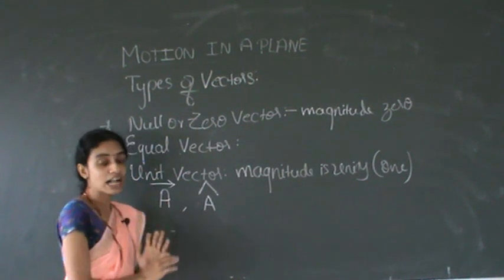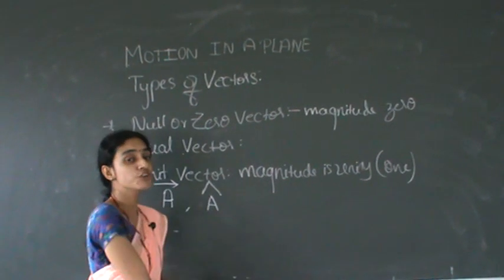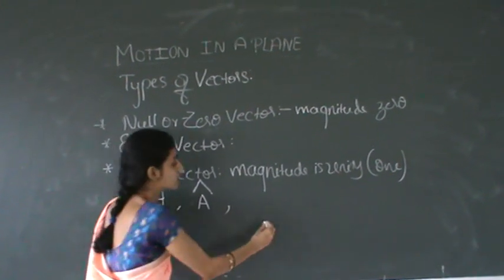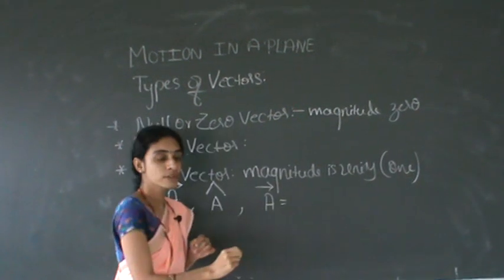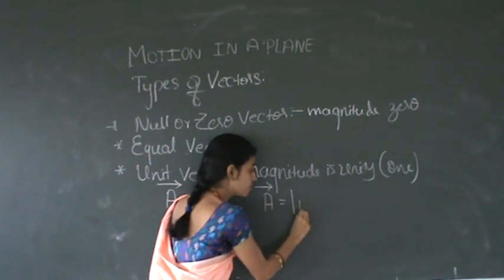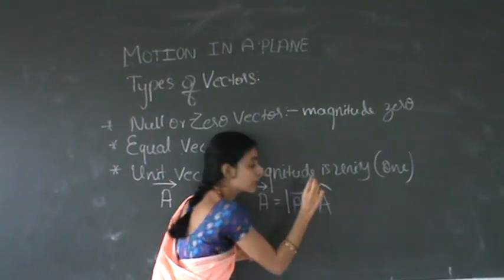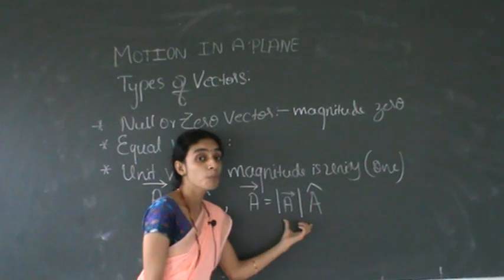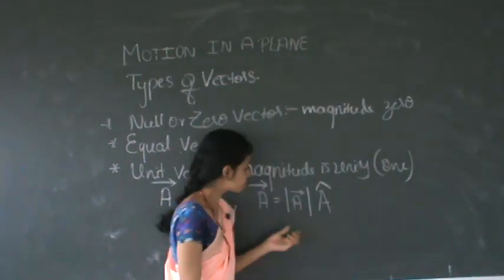We can also represent this vector in terms of unit vector notation, that is vector A equal to modulus of vector A into A cap.